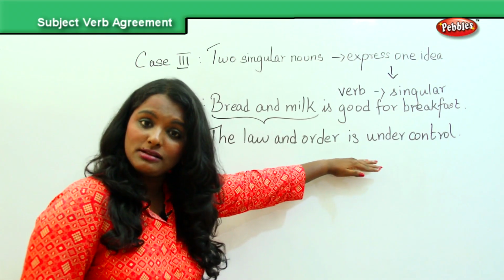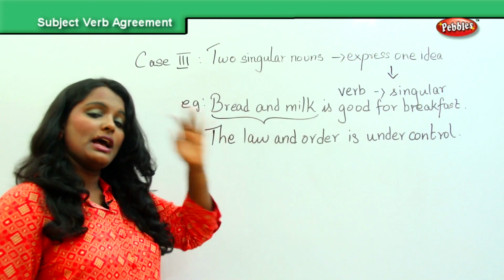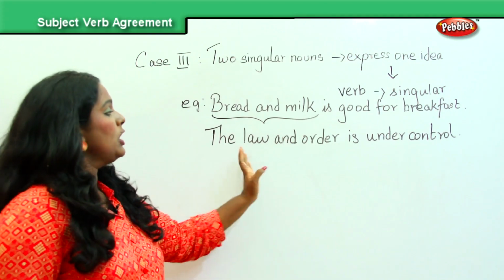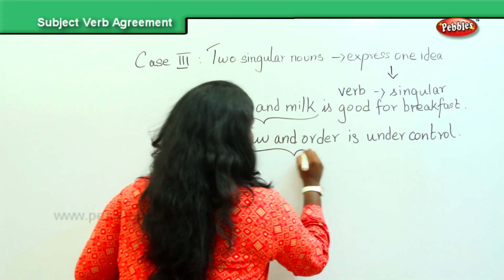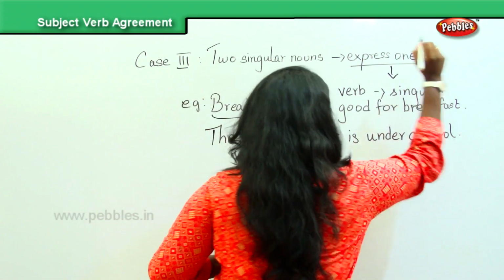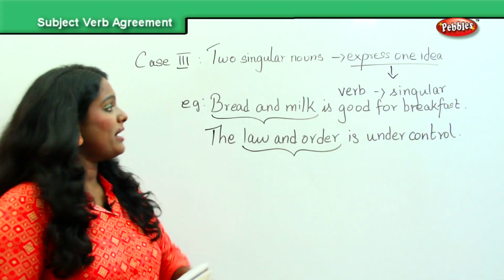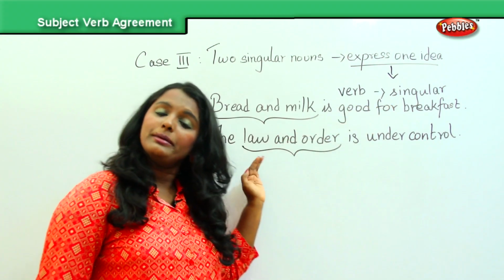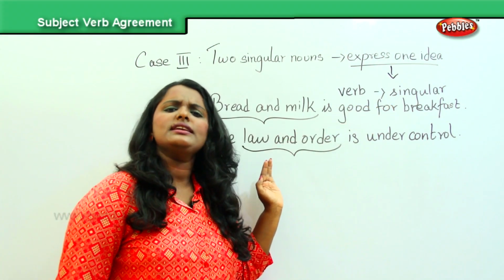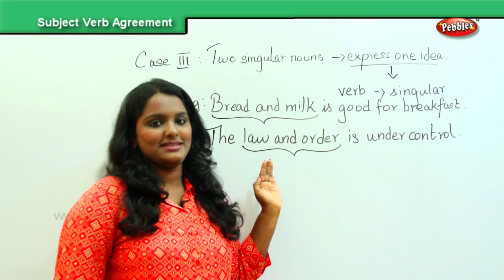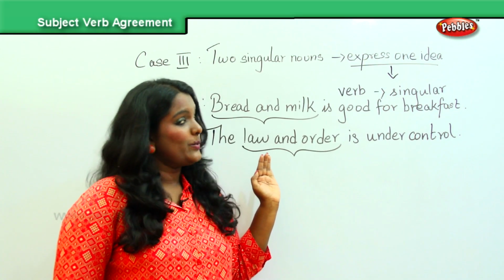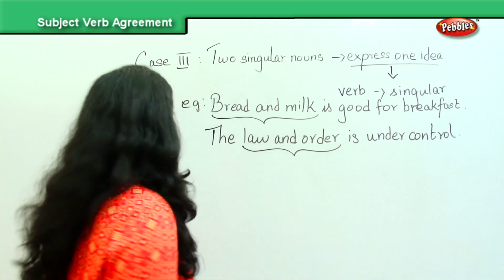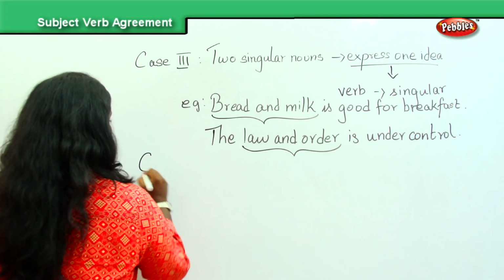But I am not using are because and is there. I am using is because law and order together express one idea. So, my verb would be singular. As I said earlier, you ought to remember these things because these are exceptional cases. Tricky cases where there is no structured format. Next is case 4.